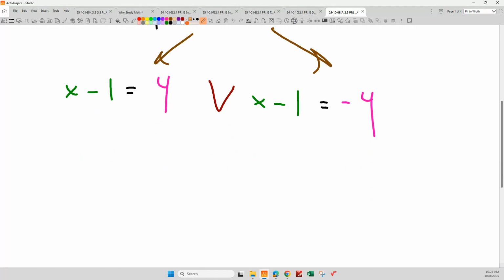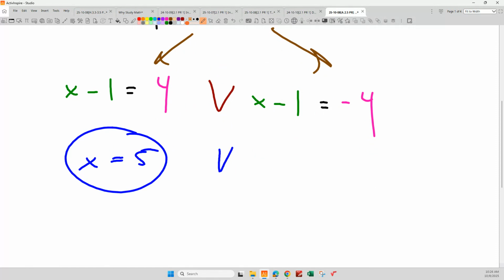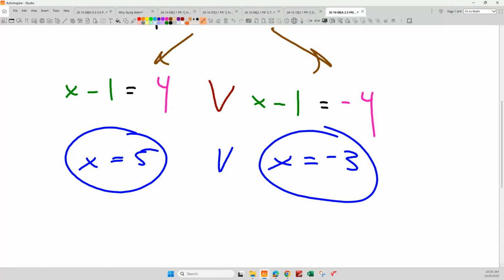Well, that part's easy. What do I do to isolate x? Add 1. So one of our solutions is x equals 5. Our other one, what's negative 4 plus 1? Good. And we get two valid solutions that, if we plug them in, are going to work. Guaranteed.